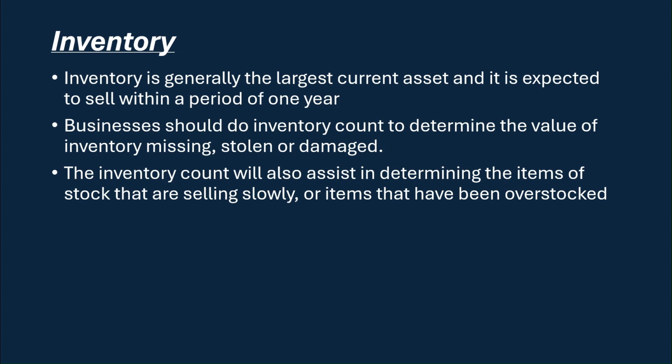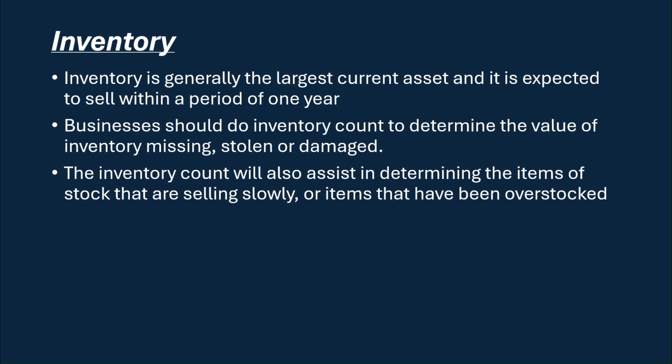So what happens is that when they do an inventory count, they find out that, you know what, when you look at our cold drinks, our Stoney cold drinks don't actually sell that fast. They are selling slowly. So meaning that not a lot of people are buying Stoney. So basically inventory count helps to tell them if there are products that are being sold slowly, right?